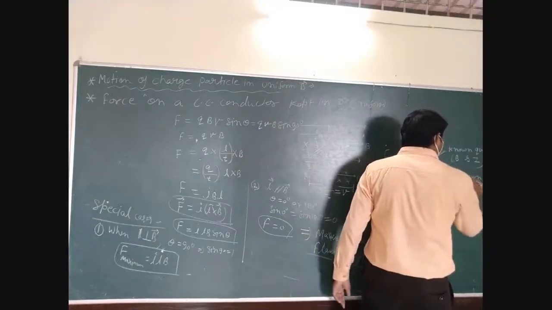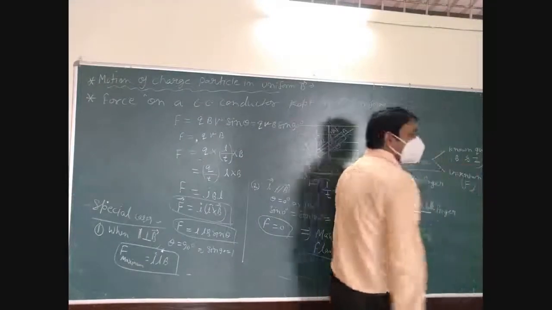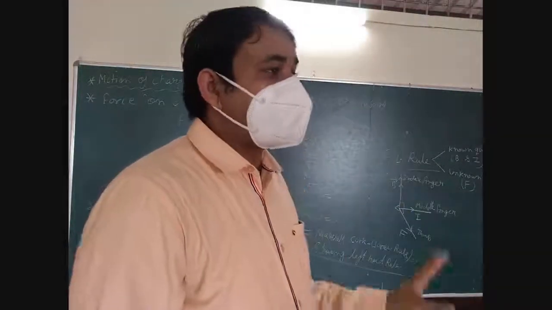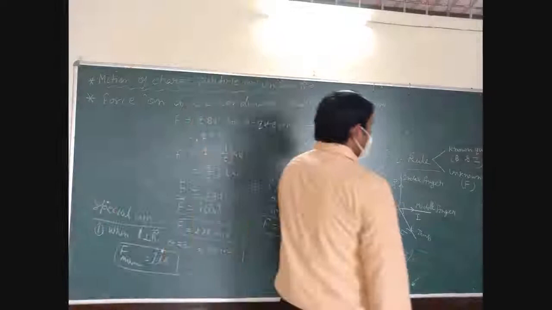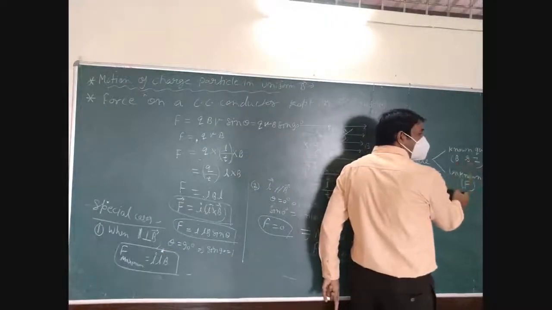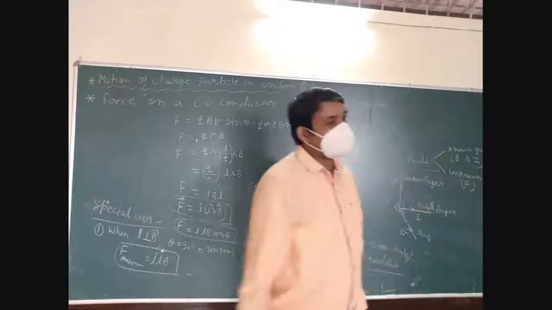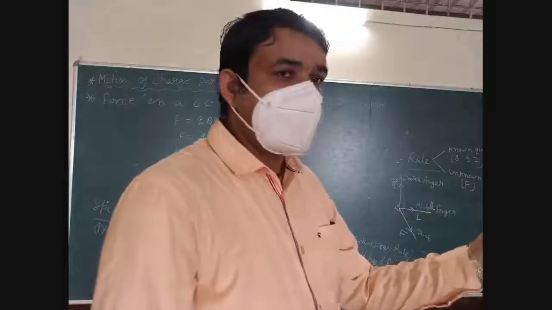Which one is unknown? The answer is F. And when we discuss the right hand rule, B and force we know, and we can find I. When we discuss that, I will tell you.